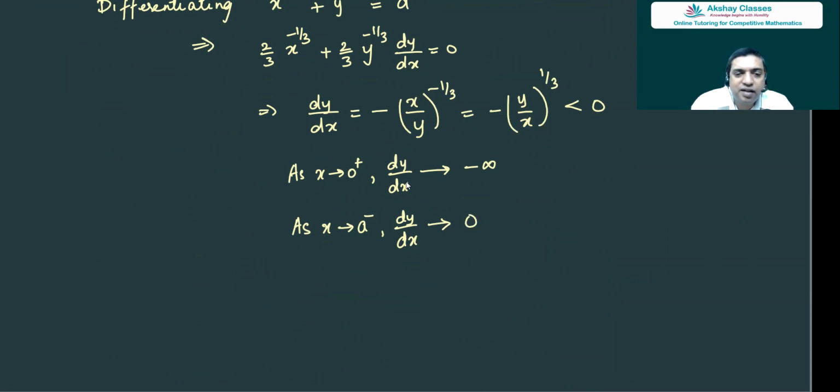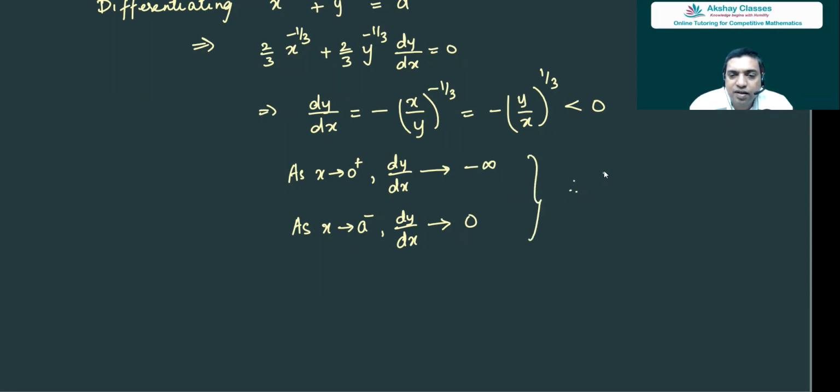So what is happening? The slope is changing continuously from minus infinity to 0, which means dy by dx is increasing, moving from the negative real number line toward the positive real number line. So this is increasing from minus infinity to 0.